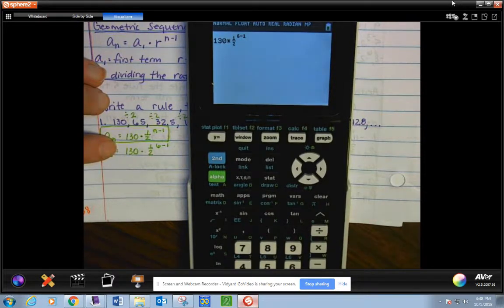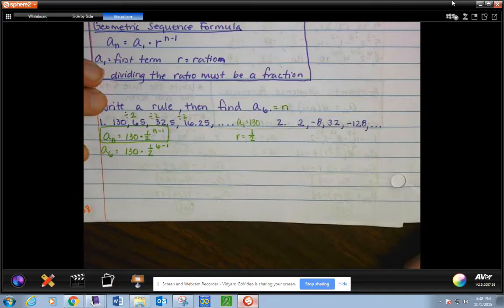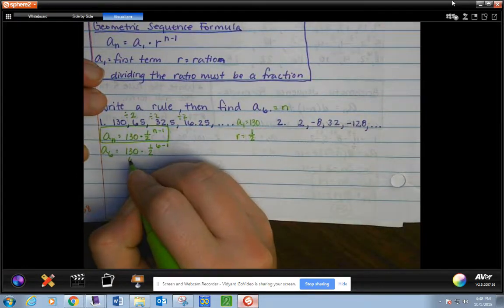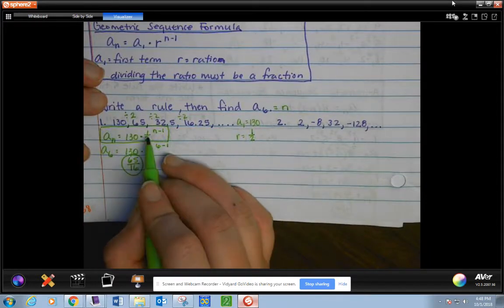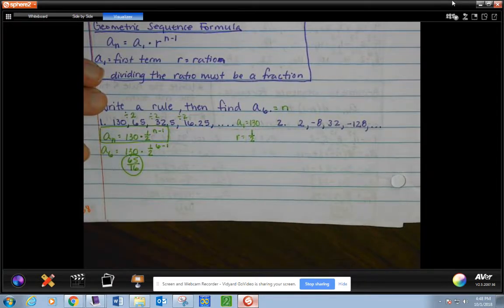I'm just going to type it the exact way you wrote it. We're going to hit enter, and it gave me an answer of 65 over 16, and that is my final answer. So all you have to do is plug it in, get your formula, plug it in, write your answer.